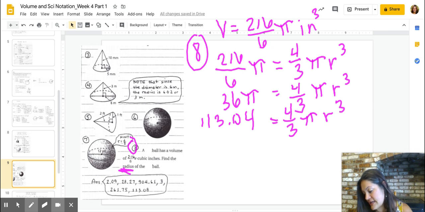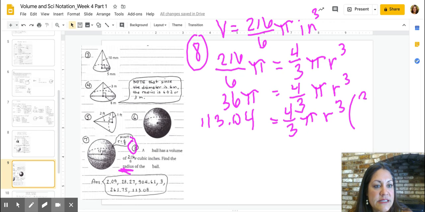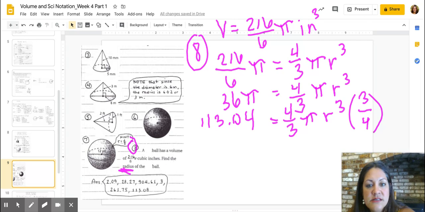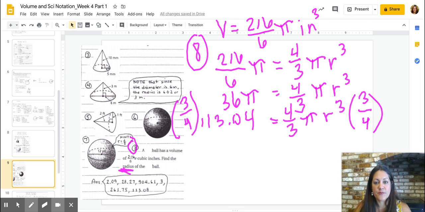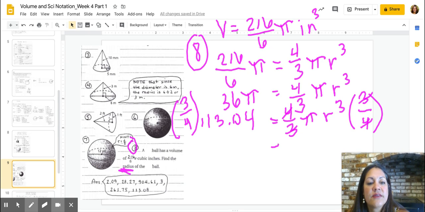All right, next thing that I'm going to do is I want to get this 4/3 out of here. So I'm going to multiply each side times a reciprocal. So reciprocal is 3/4 over here times, I feel like I'm running out of room. All right, so I know that these cancel out, so that's going to leave me with pi r cubed.